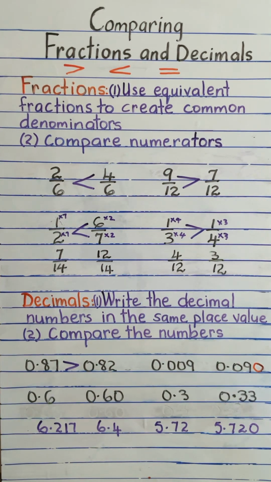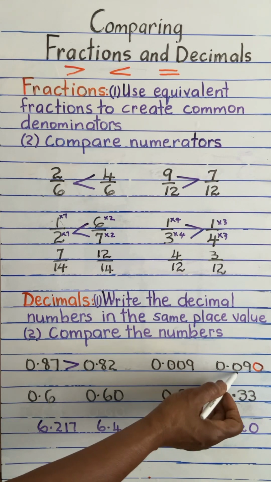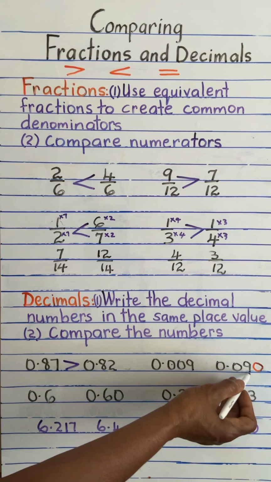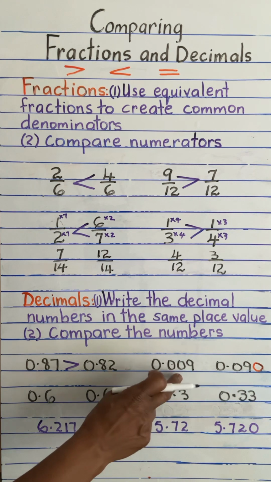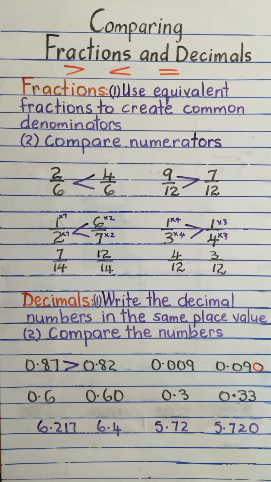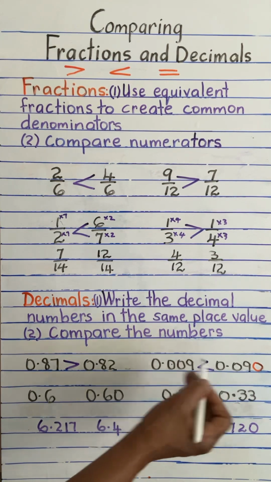Now we have 3 digits after the point. So let's start comparing. We have a 0 here. Cannot compare. We have a 0 here and a 9 here. So 9 is greater than 0. So therefore, this number is less than this one. So we're going to put our less than symbol right here.